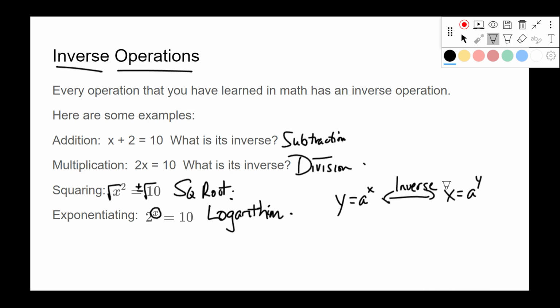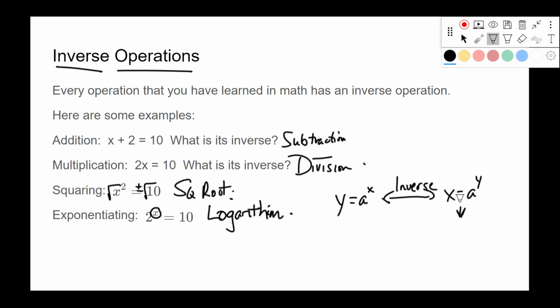This equation, x equals a to the y, is a strange equation. It's not solved for y. It normally would be, right? That's how we work with equations. They're normally y in terms of x. They say y equals. So the inverse operation is the logarithm.